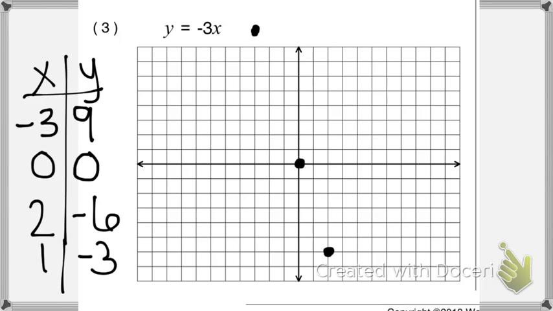I'd get negative 3 if I times that by 1. So 1 down 3. But what would happen here is it'd start filling in more and more solutions. It'd start filling in because you have so many that we end up with this line.